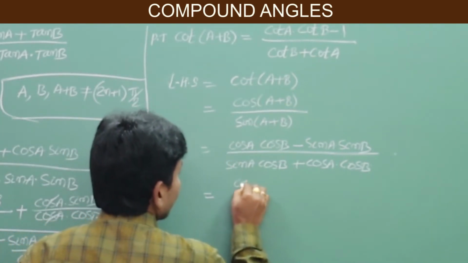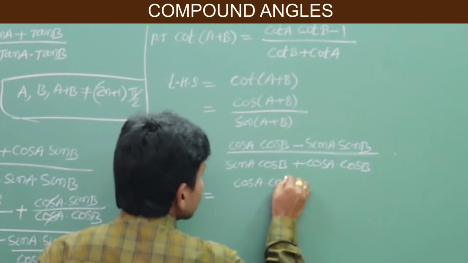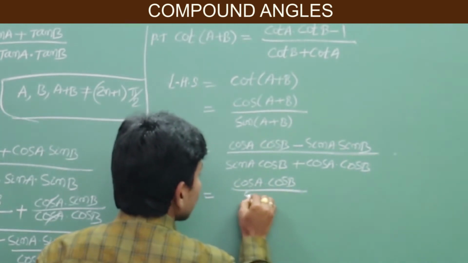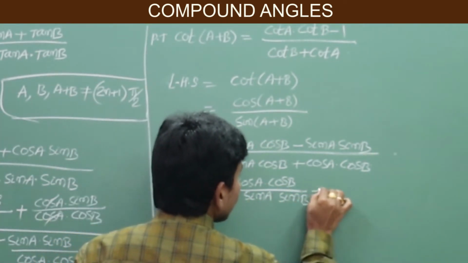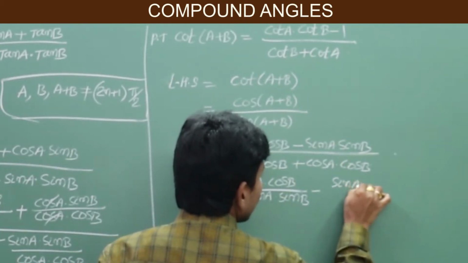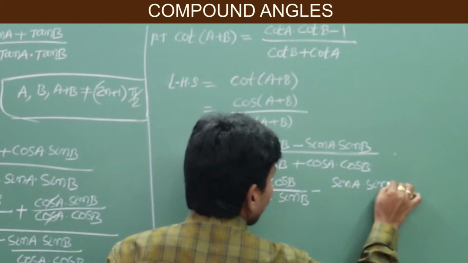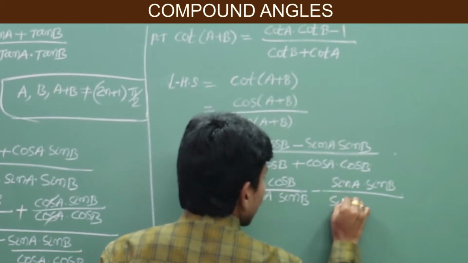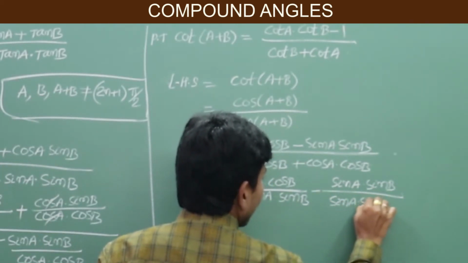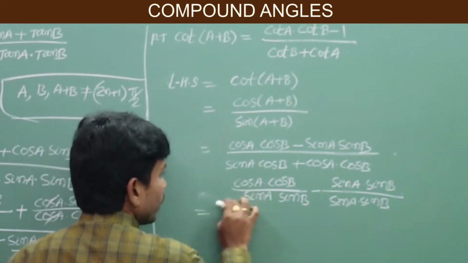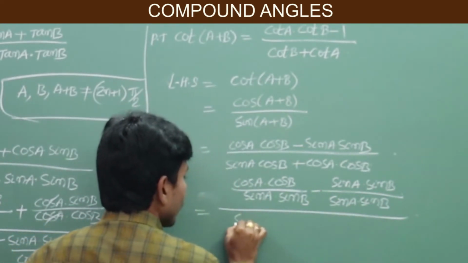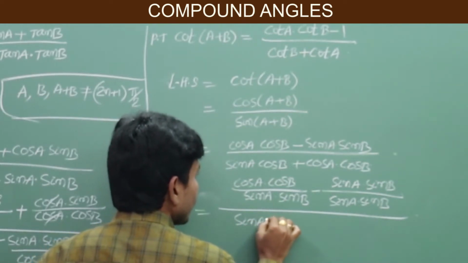So cos a cos b by sin a sin b minus sin a sin b by sin a sin b. Numerator we divided by sin a sin b, and denominator also you have to divide by sin a sin b.